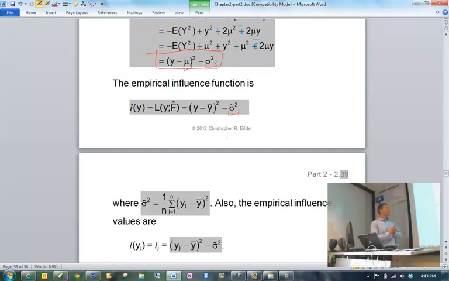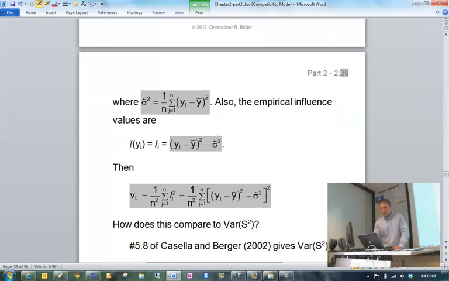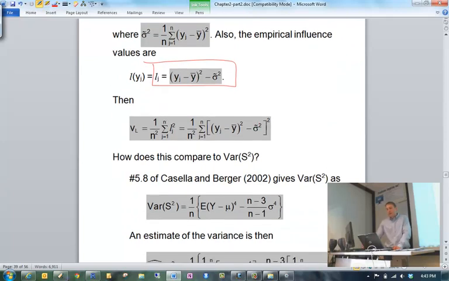So let's see our empirical influence function's values. We'll just take that y that's all by itself and put a y_j there instead. And so again, that's your L_j, your empirical influence values, so that the non-parametric delta method estimate of the variance is just 1 over n squared times the sum of these L_j squared.